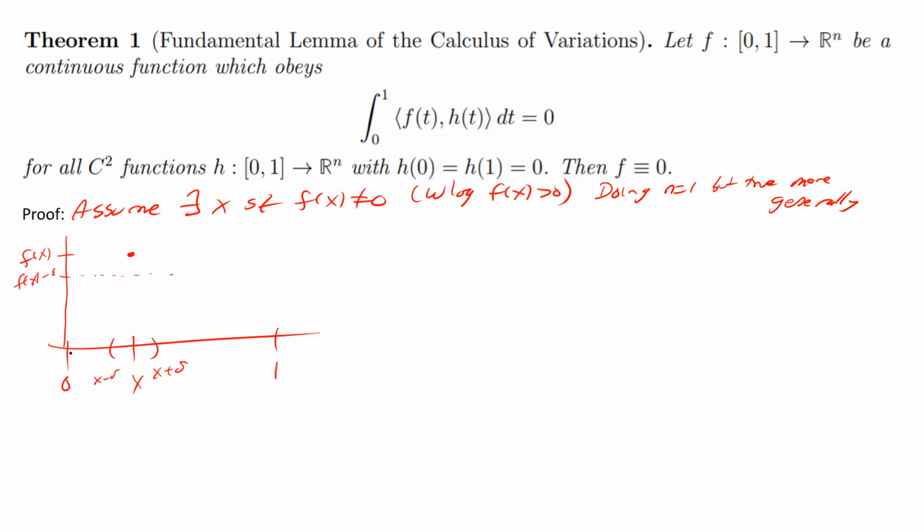So what we want to do now is choose a function h which is 0, and maybe spikes up like this and comes back down. So we want h(t) to equal 0 if |x minus t| is greater than delta over 2.